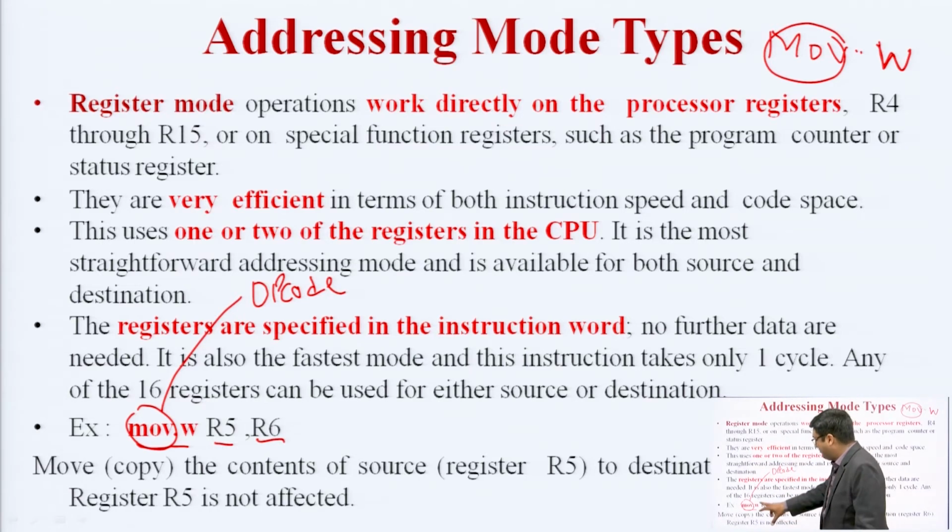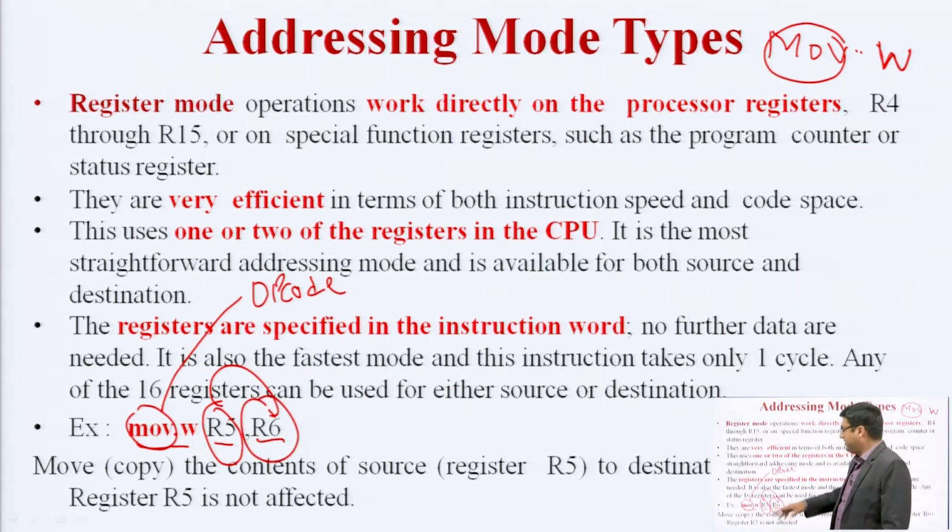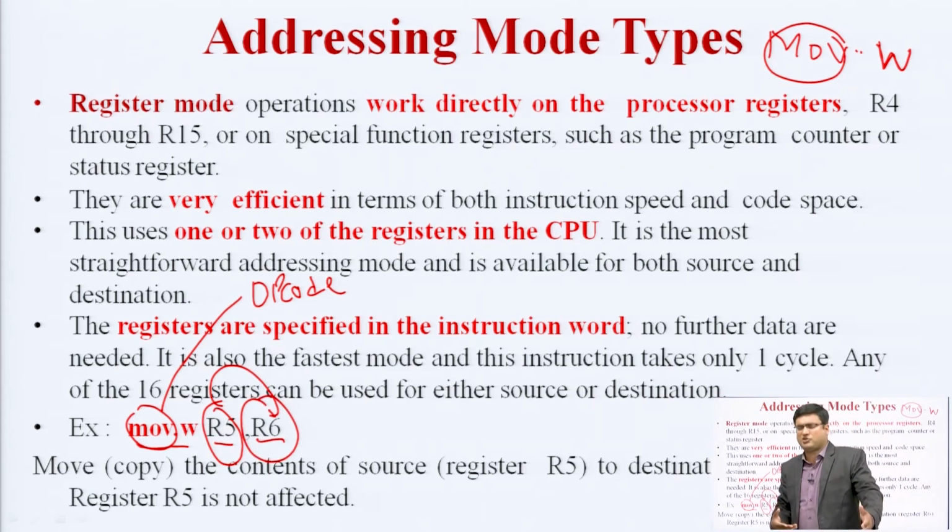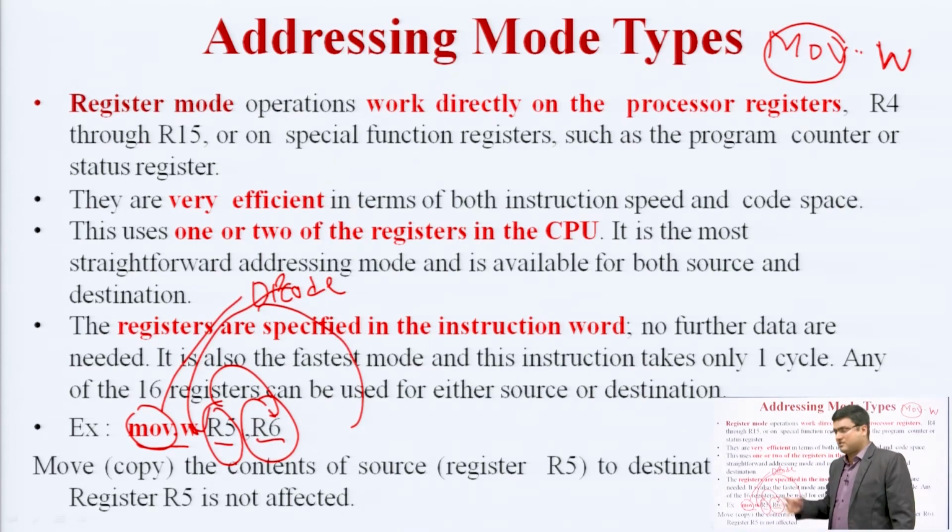So simply in this instruction we move the data from R5 to R6, because R5 is the source operand and R6 is the destination operand. Unlike in 8051, where the destination is on the left side and the source on the right side, here the data will move in this direction, so it is the reverse operation.